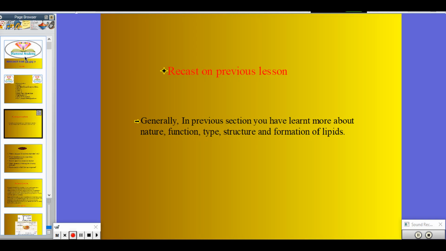The third one is polyunsaturated fatty acid. Polyunsaturated fatty acid is a type of unsaturated fatty acid that contains two or more double bonds, and its chemical formula is CnH2(n-x)O2, where n is the number of carbon atoms with two or more double bonds, and x is the number of double bonds.